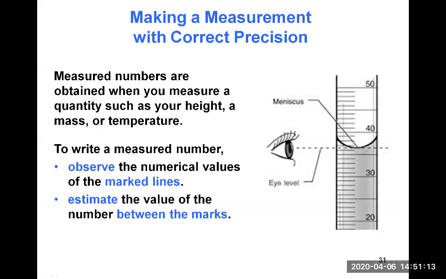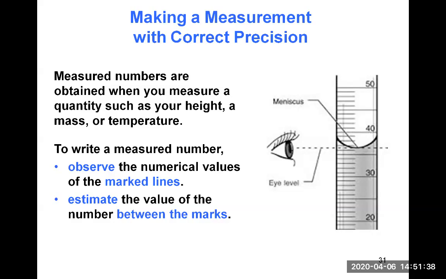For example, if we had graduated cylinders like what we have in the picture here. This is an image of a graduated cylinder with a liquid in it. When you are trying to obtain a measurement from something like that, you want to observe the numerical values of the marked lines.